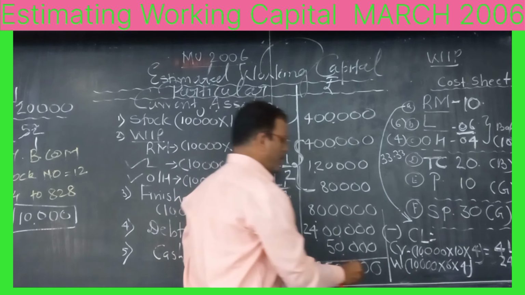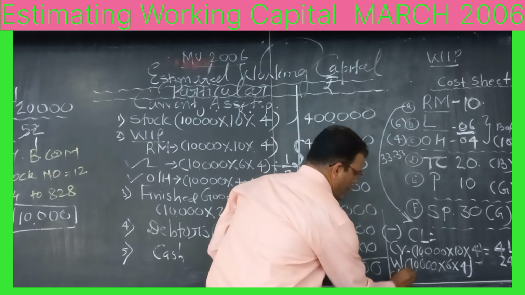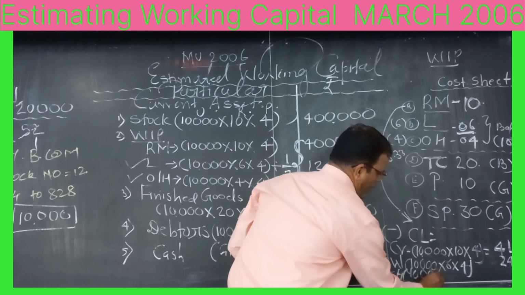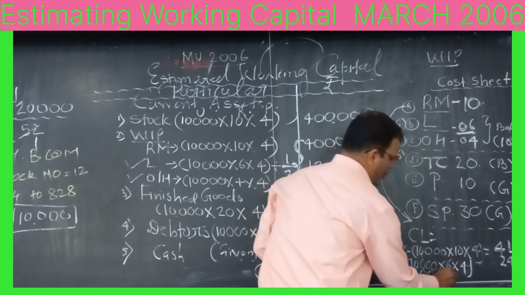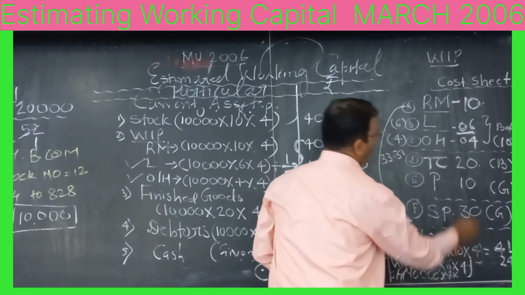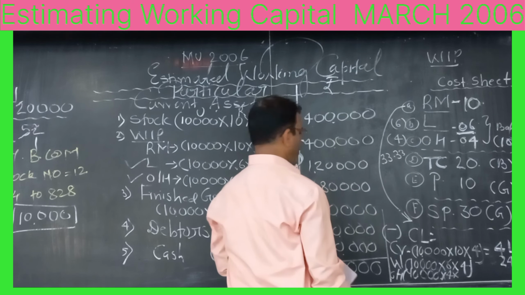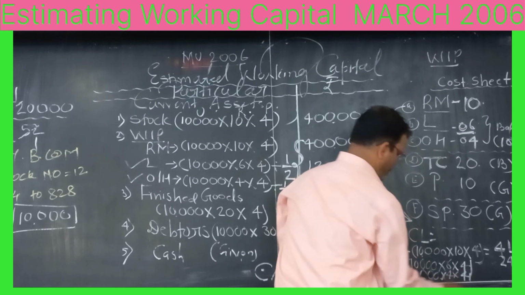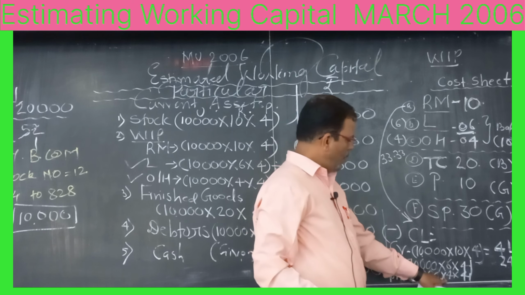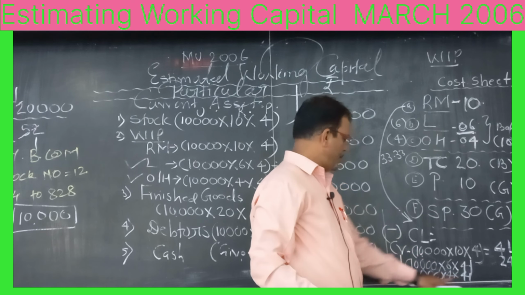After that we get the overhead. Again the same. 10,000 units, rate 4, period 4. So 10,000 into 4 into 4, 16 into 10,000, 1,60,000.